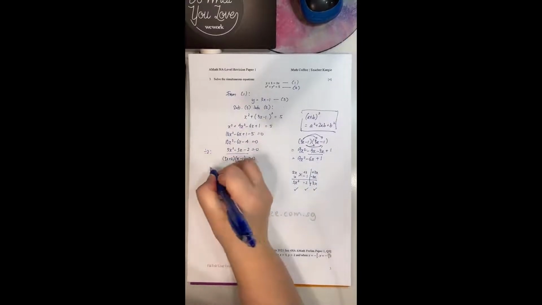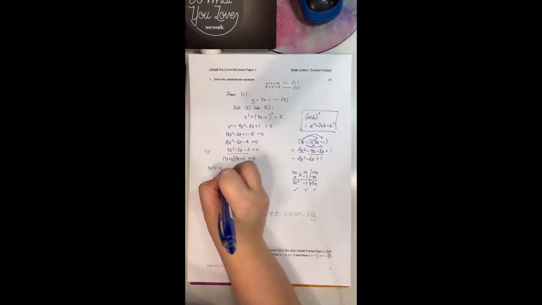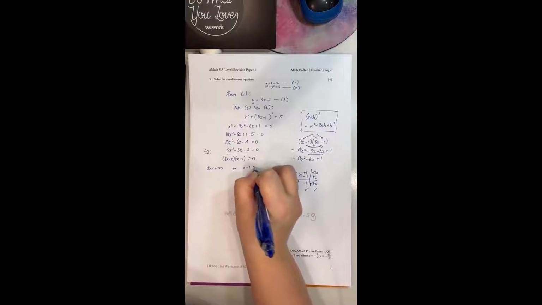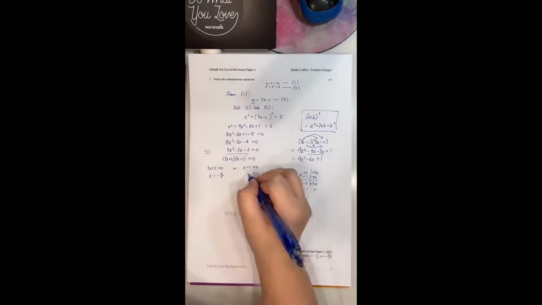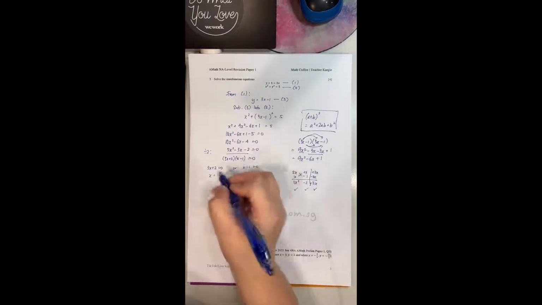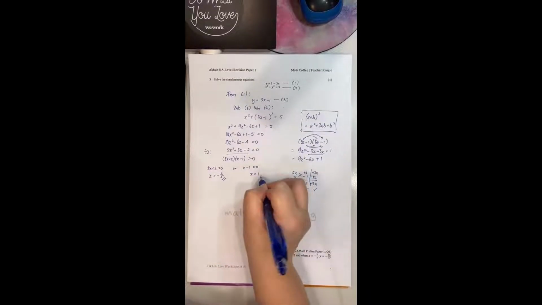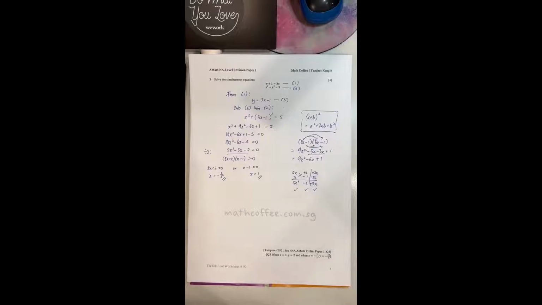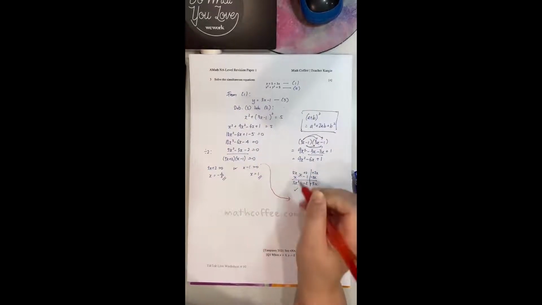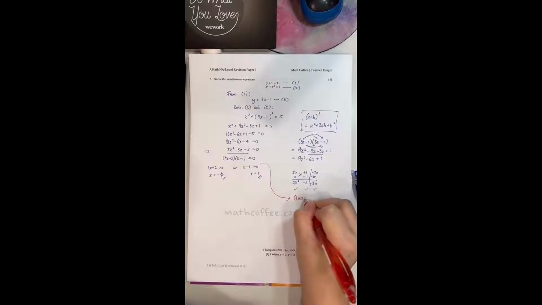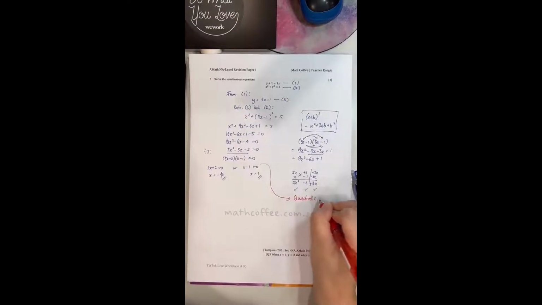So you will have 5x plus 2 equals to 0, or x minus 1 equals to 0. x equals to minus 2/5, x equals to 1. Right? Later I will show the alternative using the quadratic formula. So you can use the quadratic formula as well.